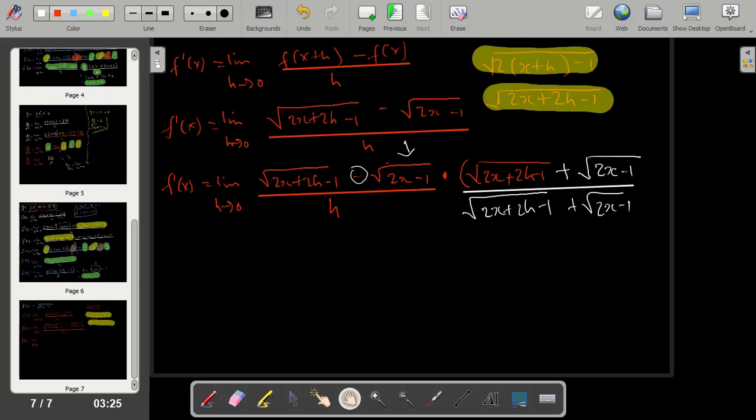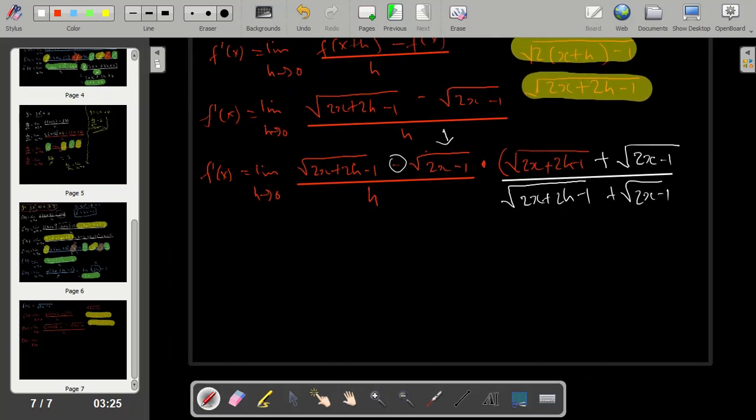So this limit is going to be the limit as h approaches 0. Hopefully we did well with the radical versus conjugates.